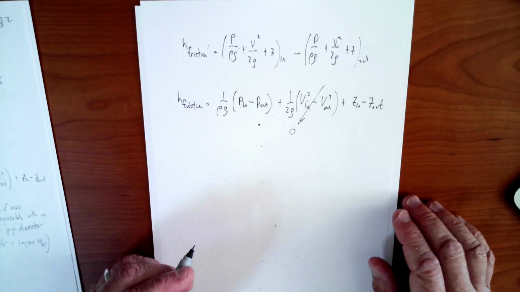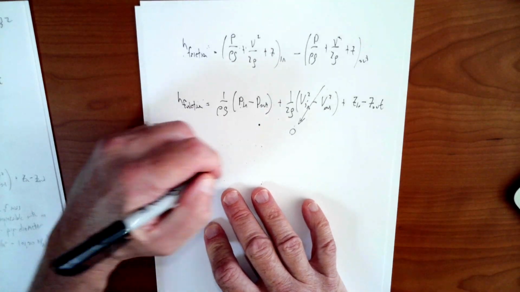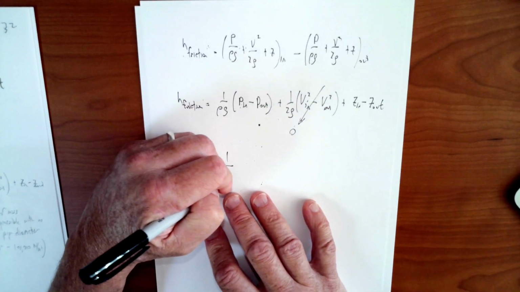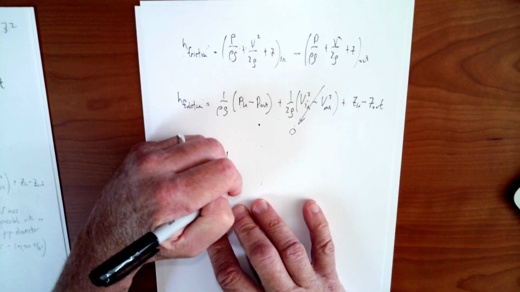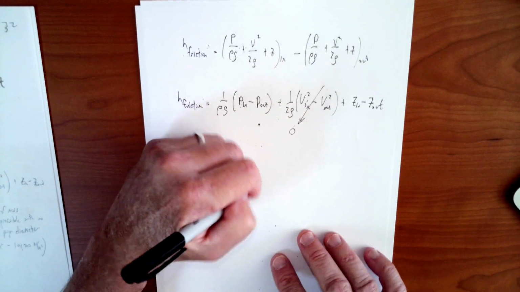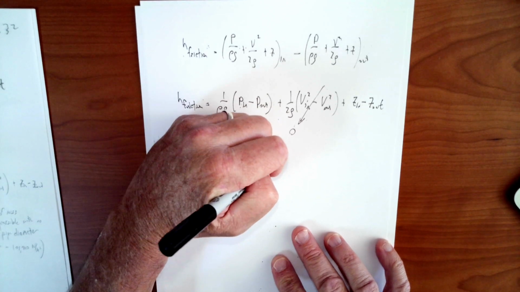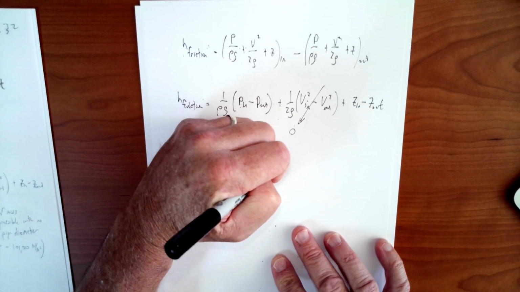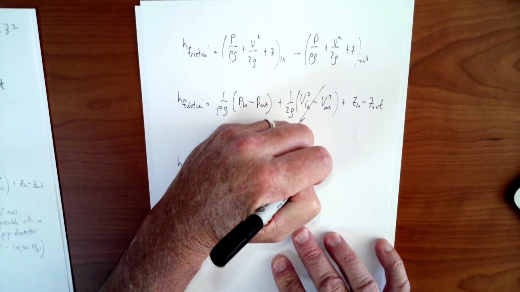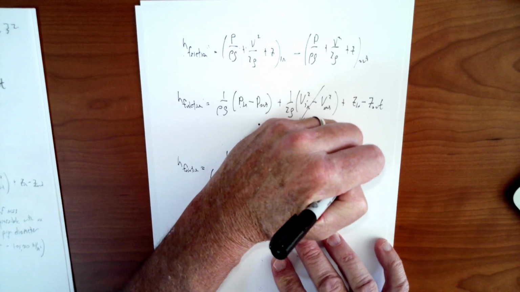And I know all those numbers. So H friction is equal to 1 over rho g, where rho is 680 kilograms per meter cubed and g is 9.81 meters per second squared, times the pressures: 24 atmospheres, which is 24 times 101,000 newtons per meter squared, minus 1 atmosphere, 101,000 newtons per meter squared.